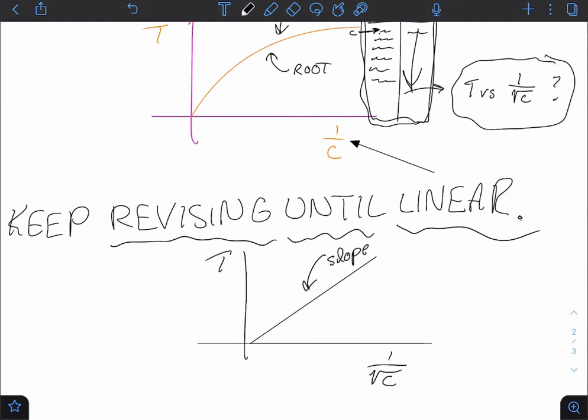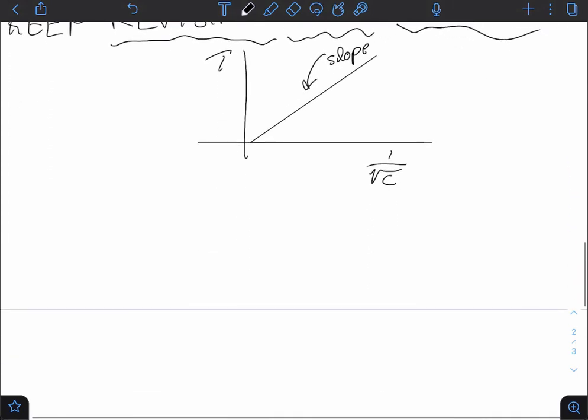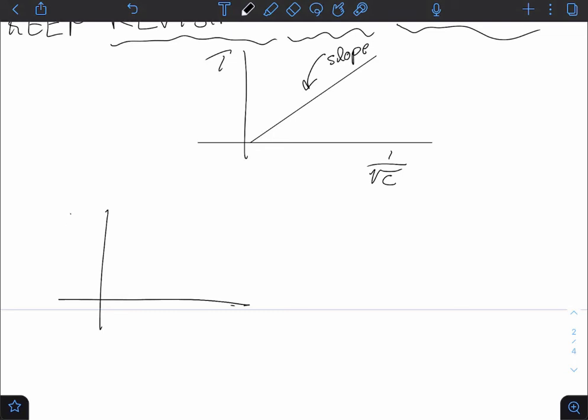So now, once you've done all of this, and this is my final thought for the video, and my final thought for all of graphing, and this is a challenge question, which I'm just going to pose to you. Let's say you graph t versus c squared, and you get this graph.